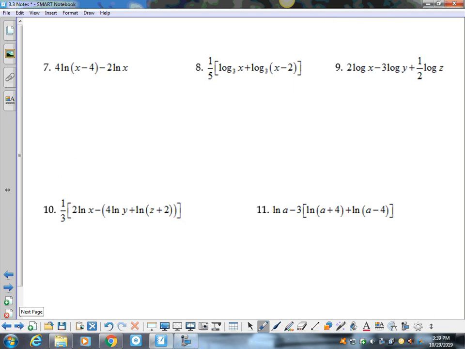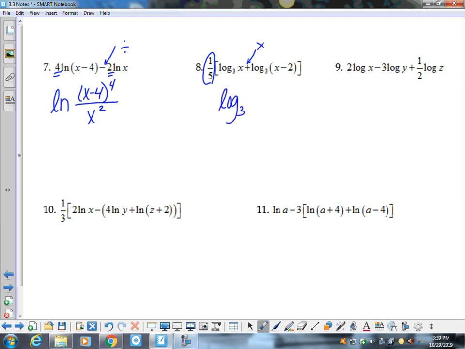Number 7, this is a power, and that's division. So ln of x minus 4th to the 4th over x squared. Nothing can cancel, nothing can reduce. This is a power on the whole thing, and that's going to go to multiplication.